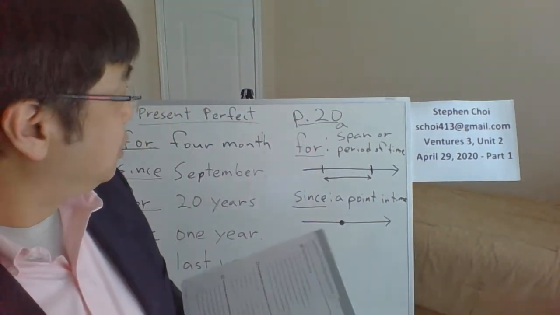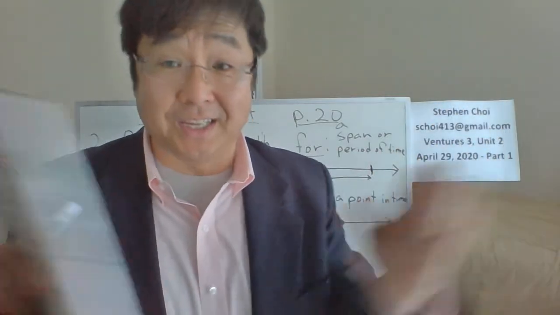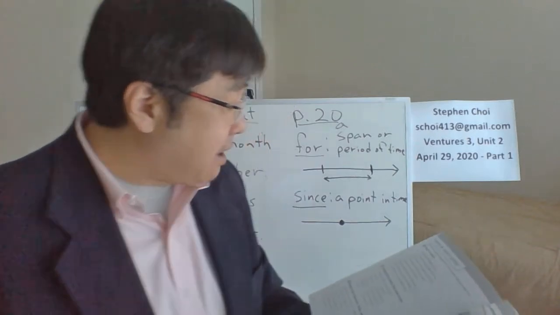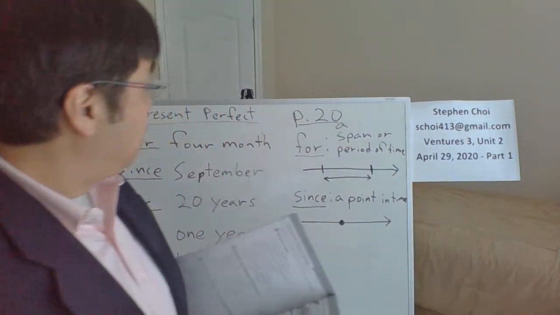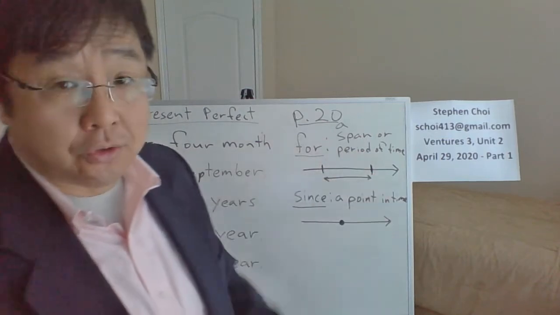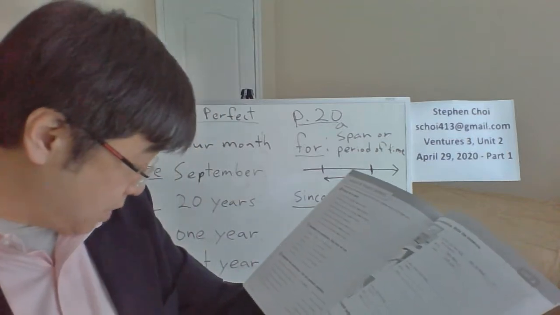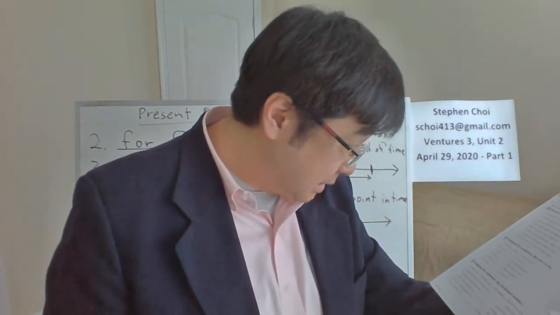Number 7. I have studied computers 2 weeks. That one's easy, right? 2 weeks is obviously 14 days. That's a span of time. So you have to say I have studied computers for 2 weeks. All right, last one. They have been in our class Tuesday.